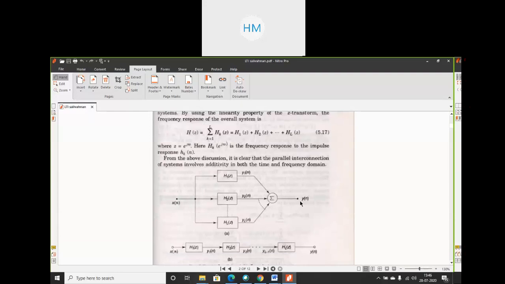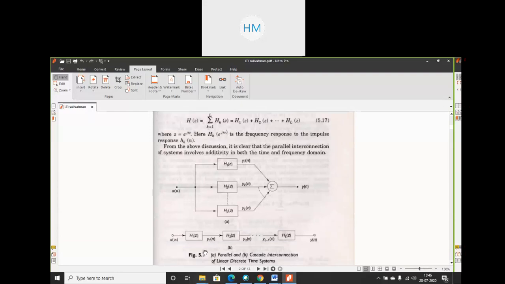Then cascaded connection is also possible. This is the cascaded connection, interconnection of linear discrete time systems. In parallel interconnection, we had a single input connected over n number of systems. Here we have one input, the initial input x of n, given to h1 of z, which will generate y1 of n.